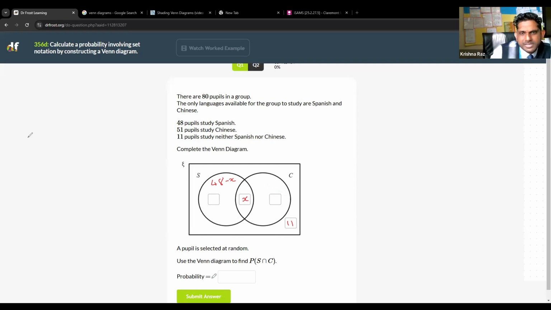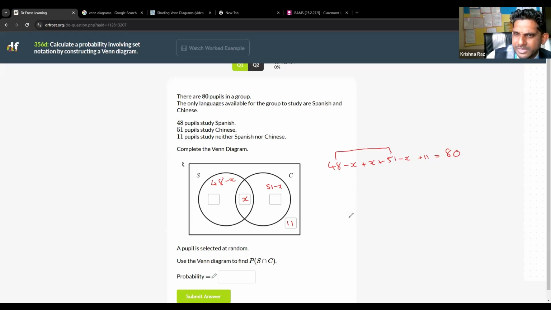80 people in the group, yeah? So 48 minus x plus 51 minus x plus 11 must equal 80, because all those four numbers should add up to 80. So now I'm in a position to figure out what x is.